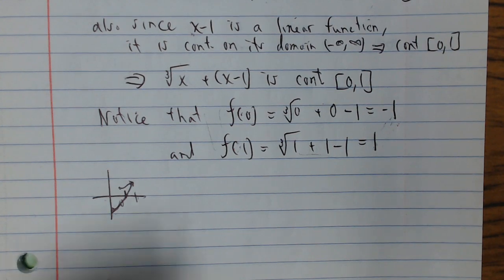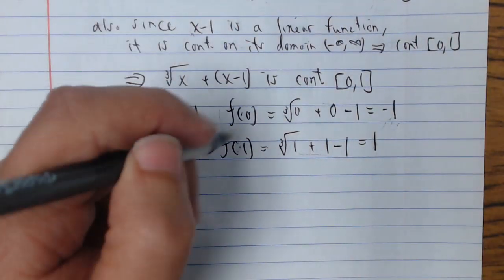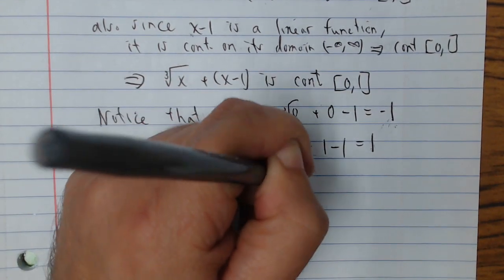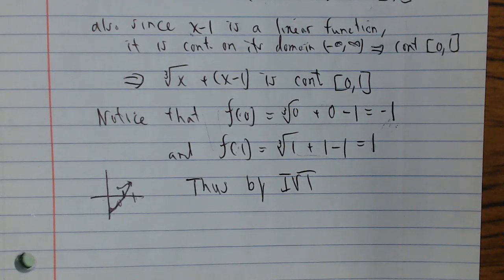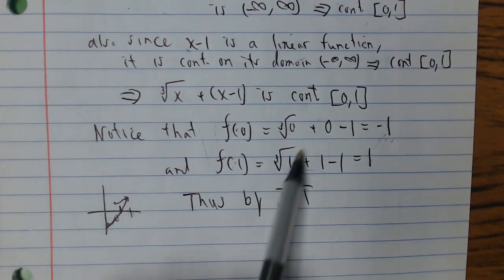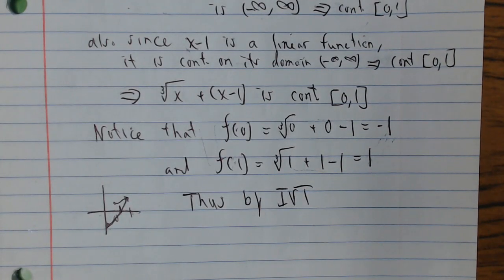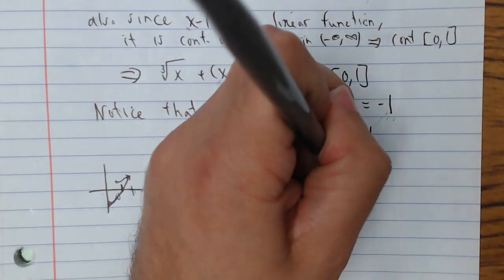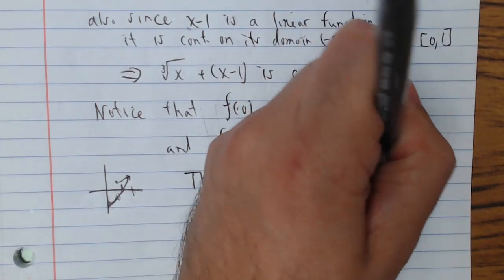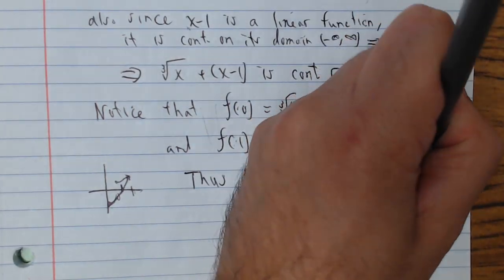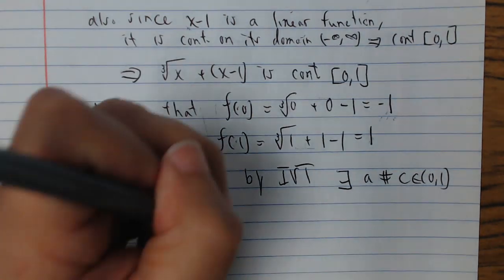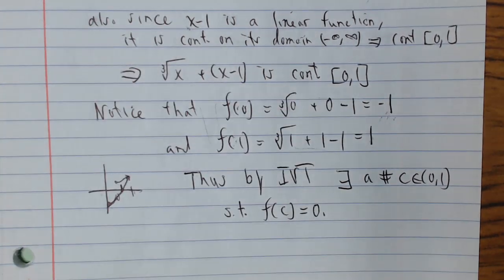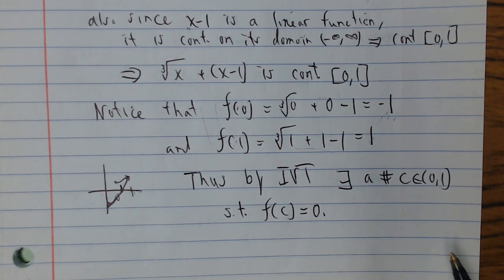Okay, so here's what we could say. Thus, by the IVT, so here's where I'm giving credit to the intermediate value theorem, because notice how all of this is the hypothesis of the intermediate value theorem. So now we could conclude by the intermediate value theorem that there exists a number C in the open interval from 0 to 1 such that f of C equals 0. Notice we're not finding what this number is.